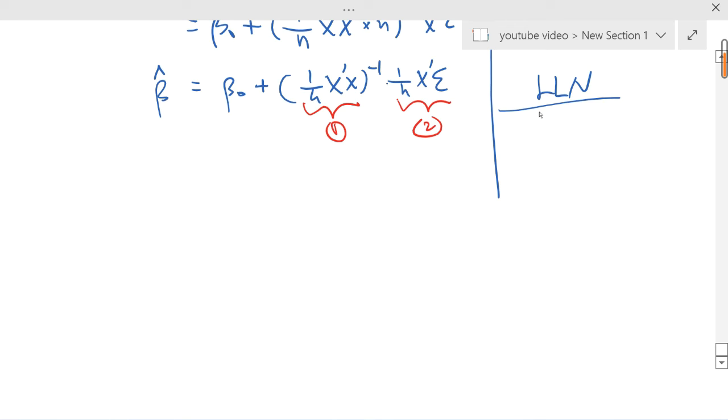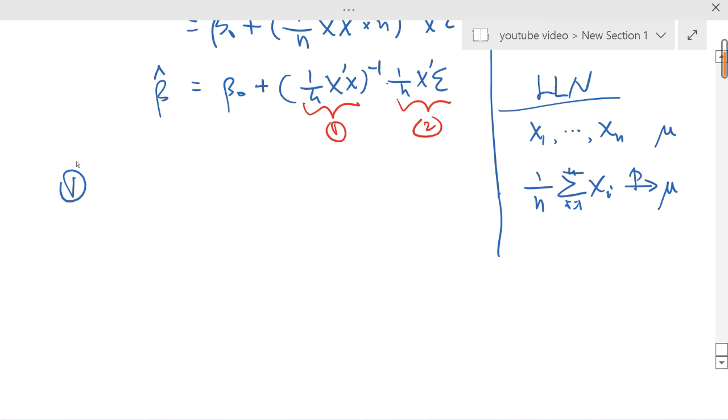Basically, it says that if we have a sequence of independent, identically distributed (IID) random variables with mean mu, then the sum of them divided by n, the average, converges in probability to its mean mu.